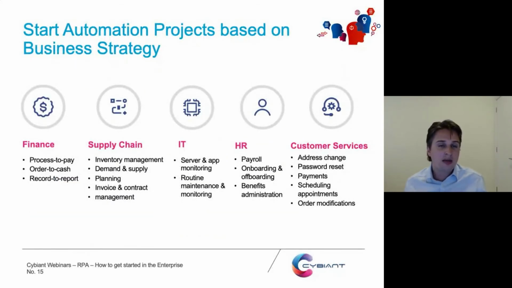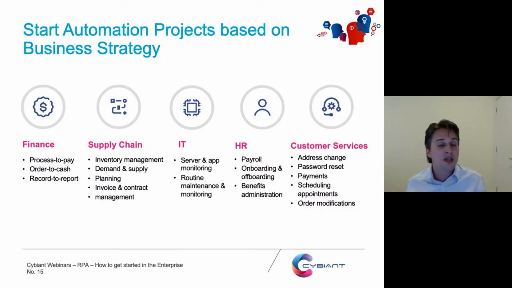And from that strategic alignment, you can start to identify a number of different automation projects. And this is what we can see here on the next slide. Automation projects are linked towards your business strategy. And on this slide, we've outlined a number of very common use cases. For example, within finance, you have very common processes like process to pay, order to cash, or record to report.